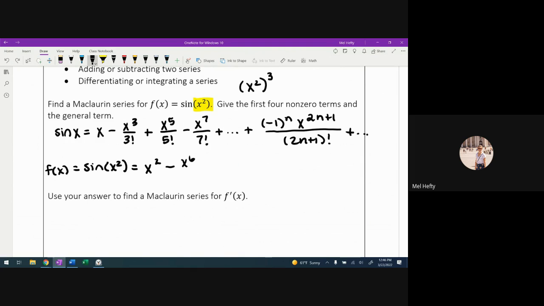Is the factorial going to change? No. So this guy is like x squared times x squared times x squared. So x, 6 x's.